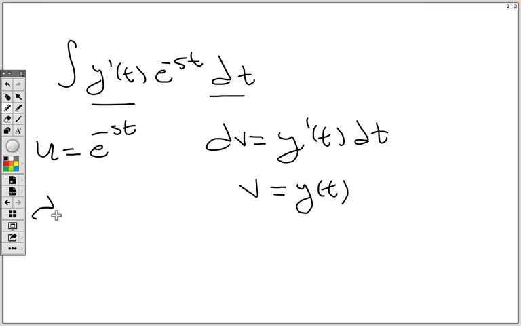So my du would be the derivative of this with respect to t, okay? Because remember, we're integrating with respect to t, so we're treating s as a constant. So what would the du be here? If I'm letting u be e to the minus st, what would the du be?